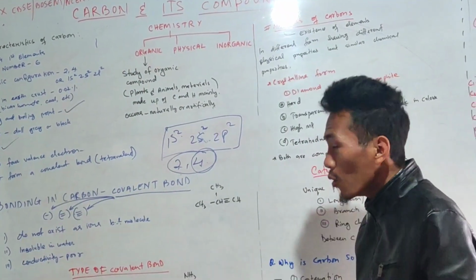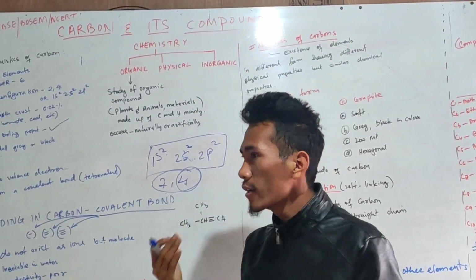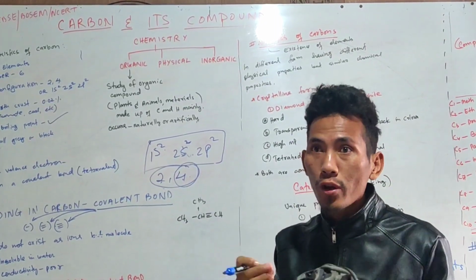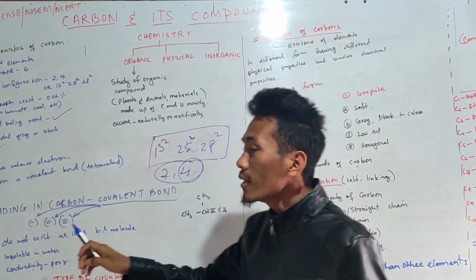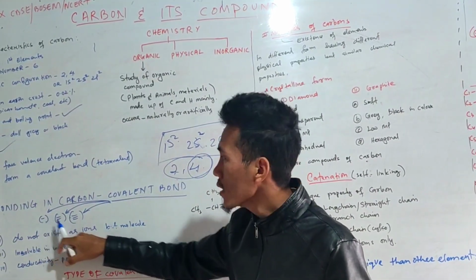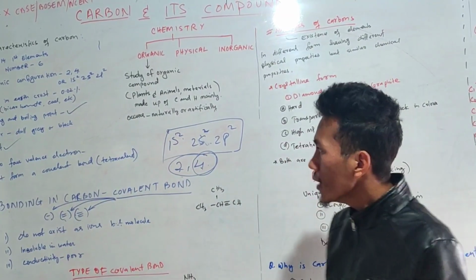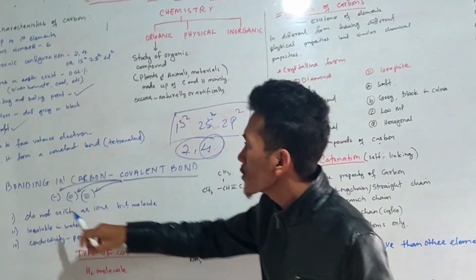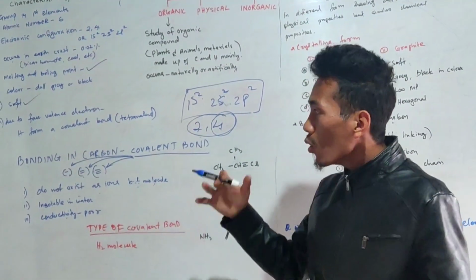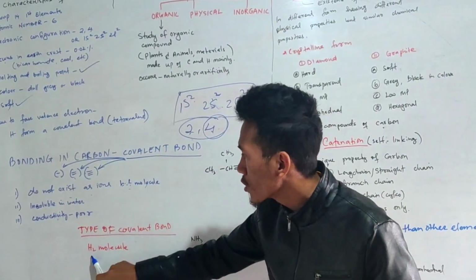Now, we know that carbon can form covalent bonds. In chapter 2 or 3, we studied bonds, how particles are attached to each other, forming bonds. There are 3 types of bond at this level: the first is the single bond, the second is the double bond, and the third is the triple bond. These compounds do not exist as ions but always exist as molecules, like the H2 molecule.